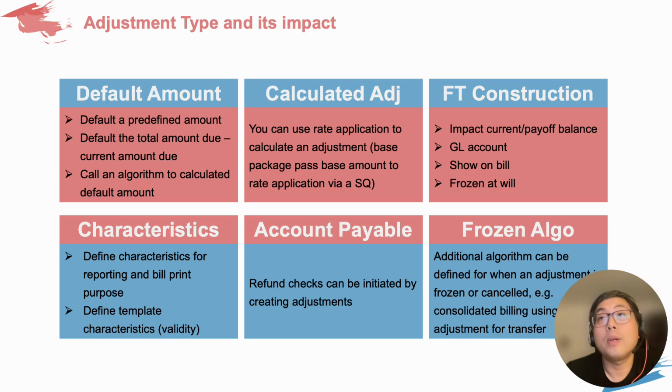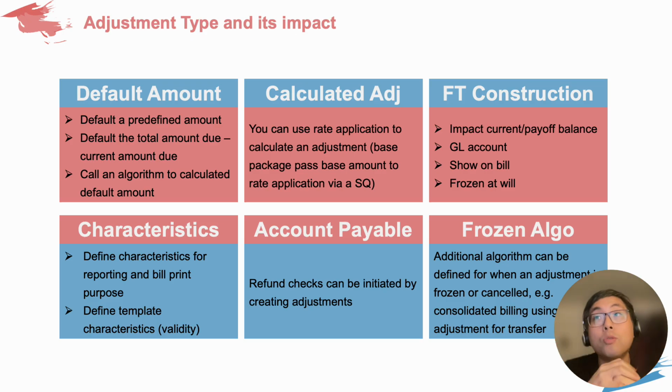For example, let's say consolidated billing. In some projects, when you look at consolidated billing, they use a master account and a child account. Normally we bill on the child account. How does the master account understand what has been billed?